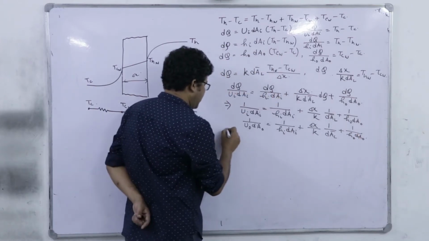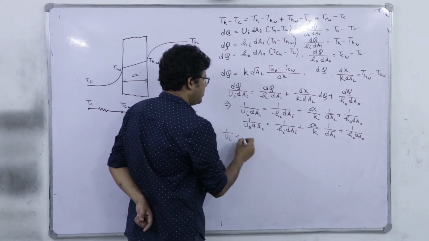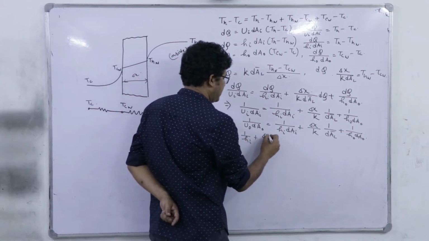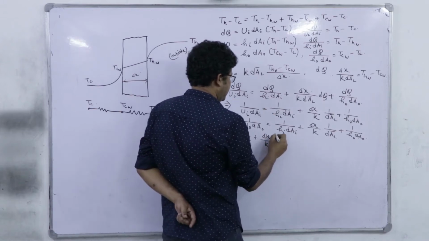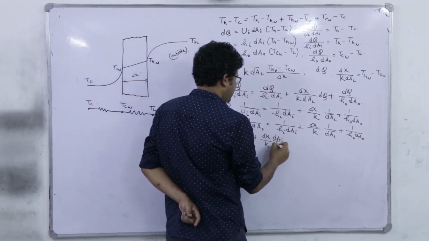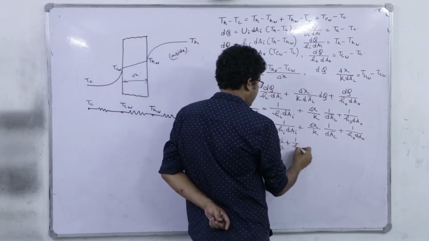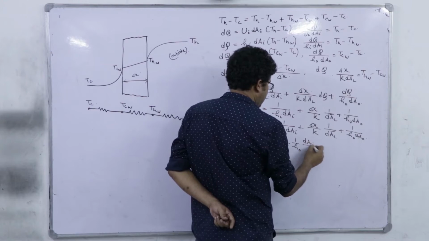So 1 by UI becomes 1 by HI plus delta x by K, dAI by dAL bar, plus 1 by HO, dAI by dAO.